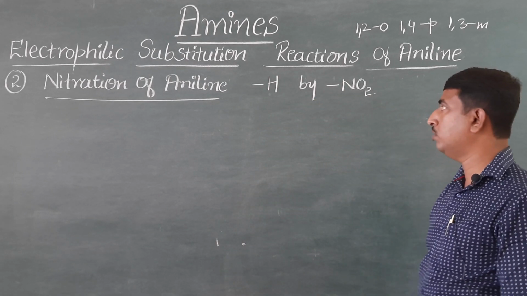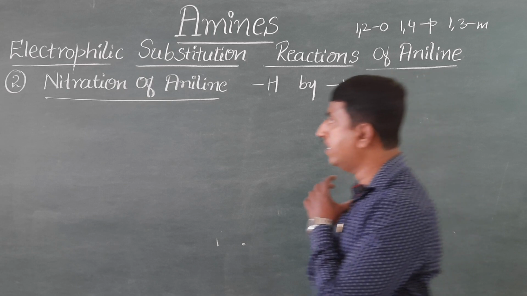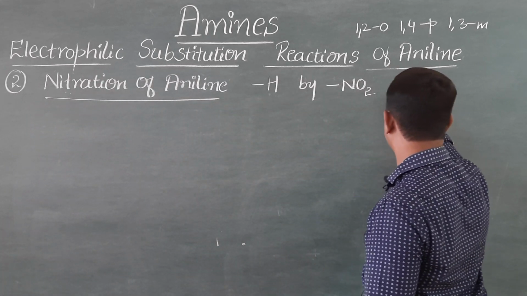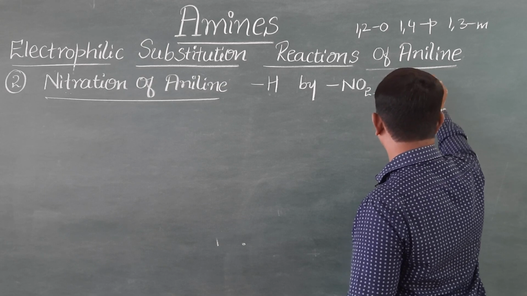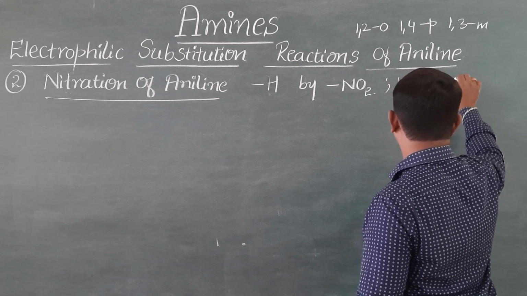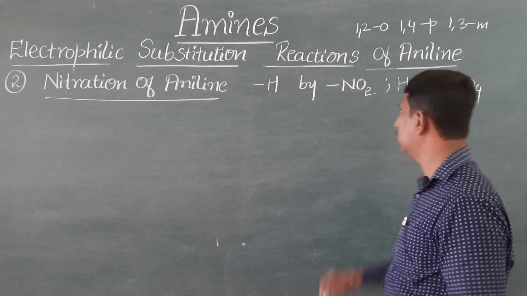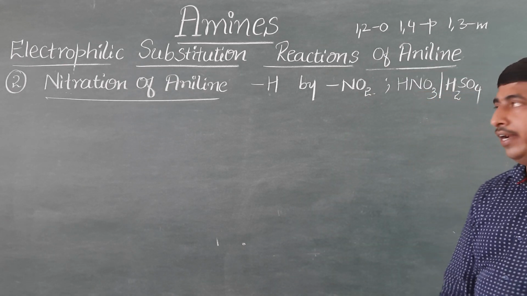For nitration we need nitric acid, HNO3, and along with HNO3, sulfuric acid is also added. This mixture is called the nitrating mixture.